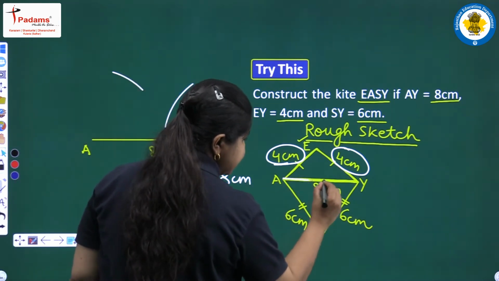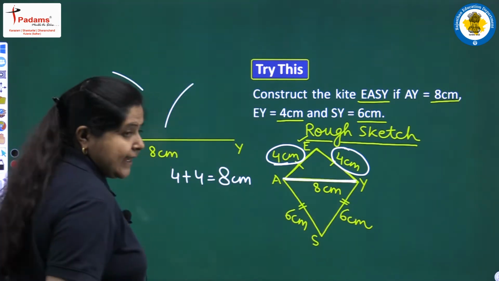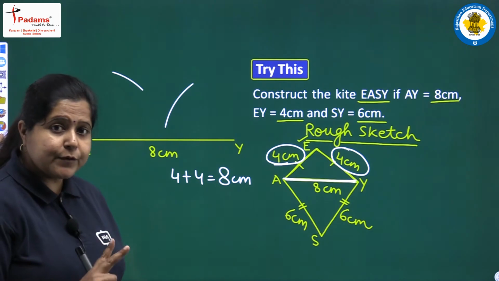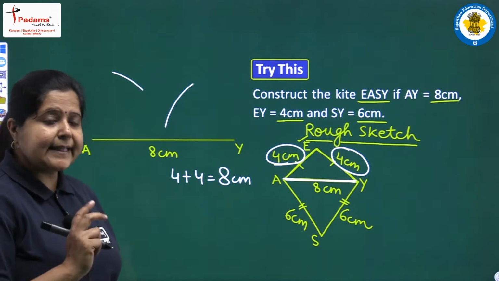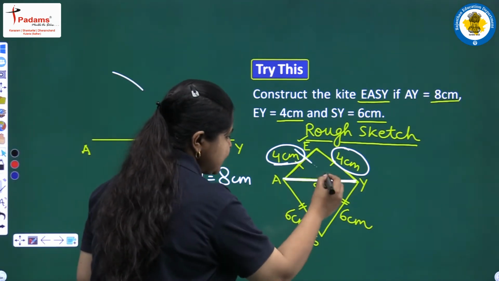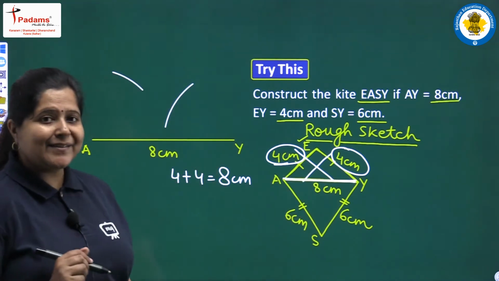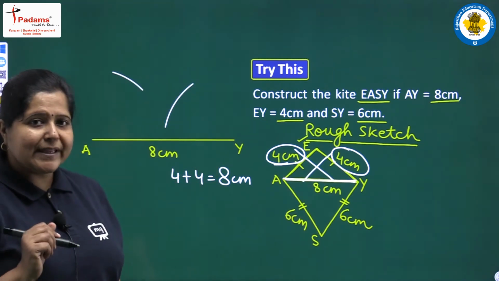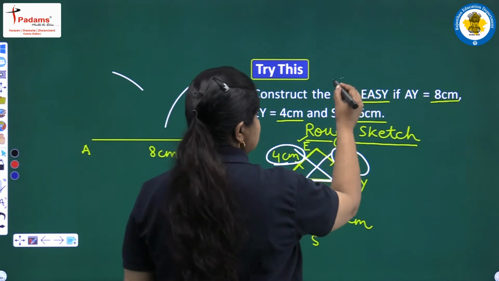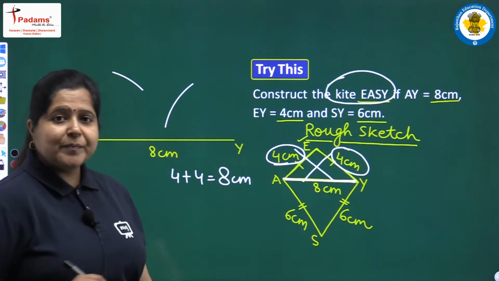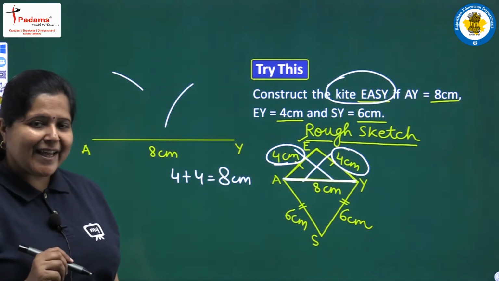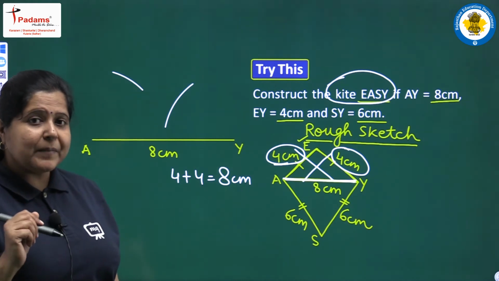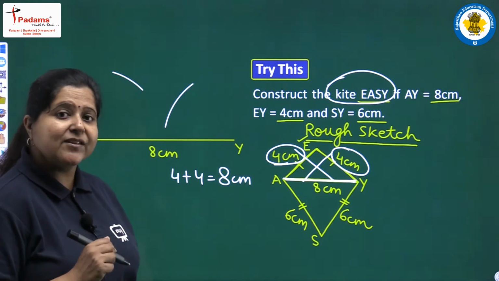It's not greater than this third side. And since here the sum of 2 sides is not greater than the third side, this triangle cannot be constructed. And so this kite can also not be constructed. Okay, so this property should also be applied while constructing any triangle.